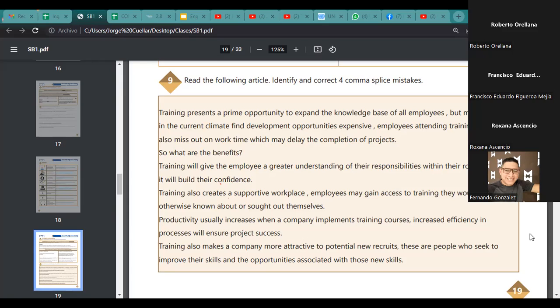Deleting the comma? No, if you are going to use a conjunction, you can leave the comma. If you are going to delete the comma, then you need to use a period and then a capital letter. I understand it better now. Okay, thank you. It could be so also. Yeah, you can use so also. So employees may gain access to training. Very good. Nice. Where is the third one going to be?